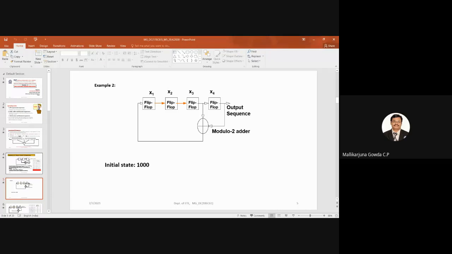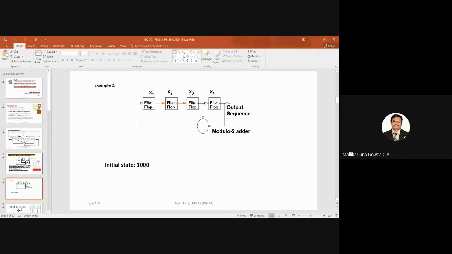You people have it with 4 bits, so 2 power 4 minus 1, that is 15 different states. Totally 64 students are there. At least in terms of groups, people should not copy, so each one should write with a different initial state.